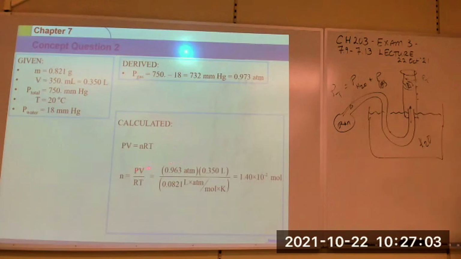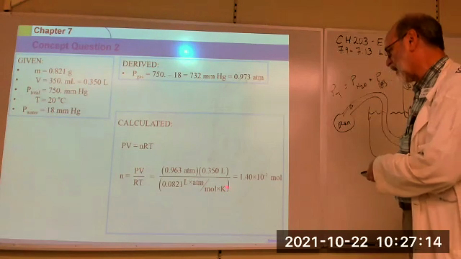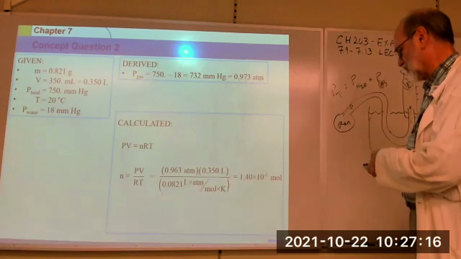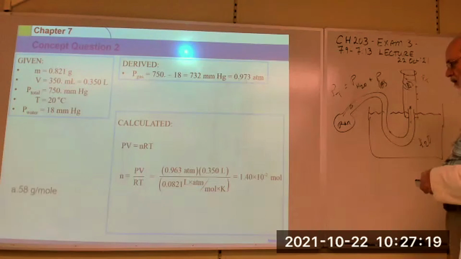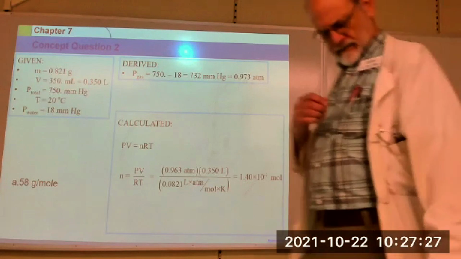So there's pressure, volume, gas constant, and temperature. Where's temperature? Oh, I left temperature out. Temperature's got to be in here. Okay, that's an error. We have to put temperature in here in order to cancel out the K. I need to make a note of that.